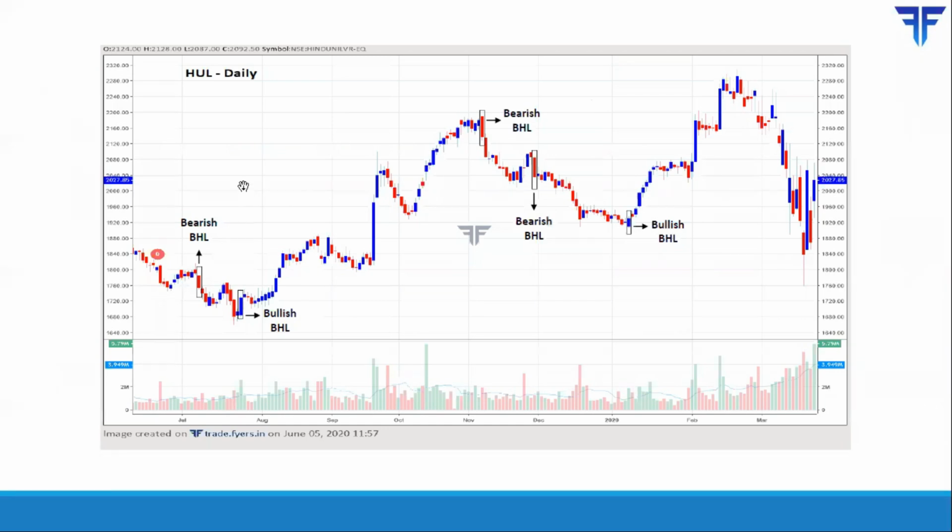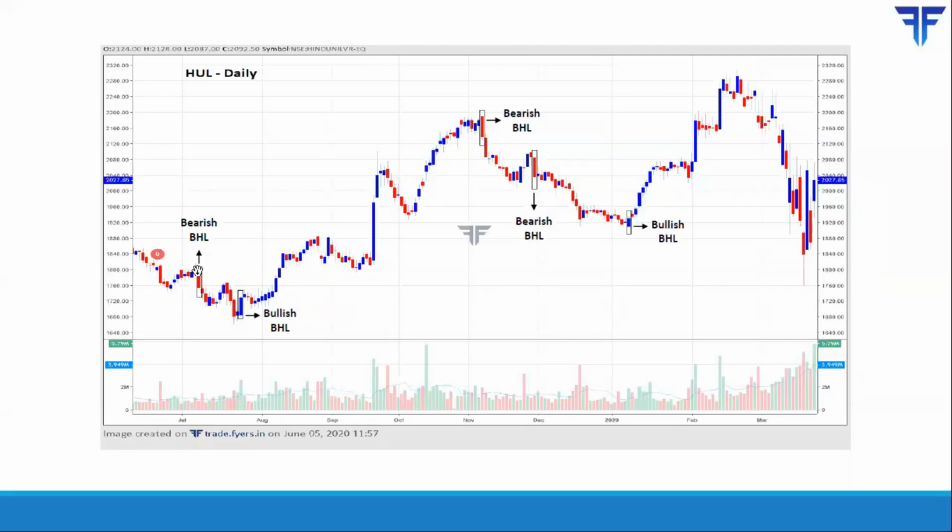So this is the daily chart of Hindustan Unilever. Here, as you can see, you have a bearish belt hold line pattern wherein the open is near the high and the close is near the low of the day. This pattern, however, is not appearing after a strong rally.